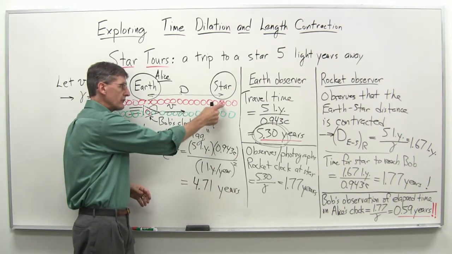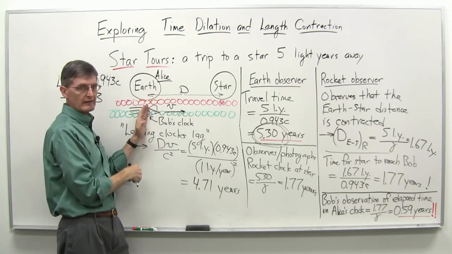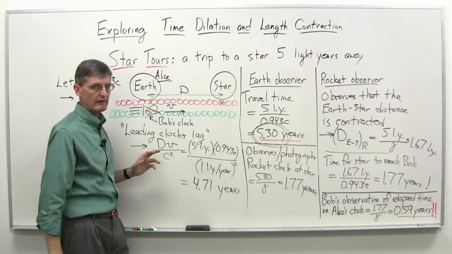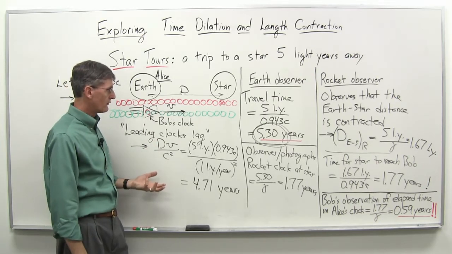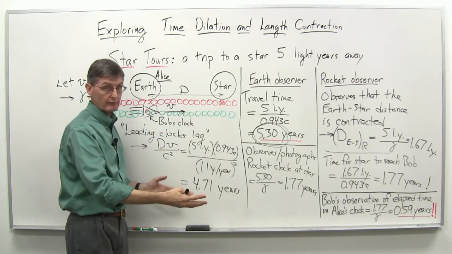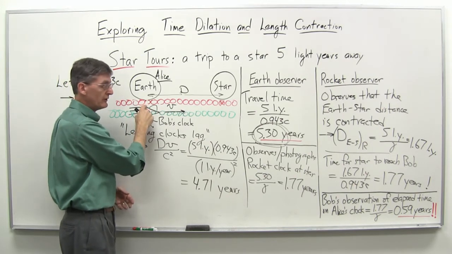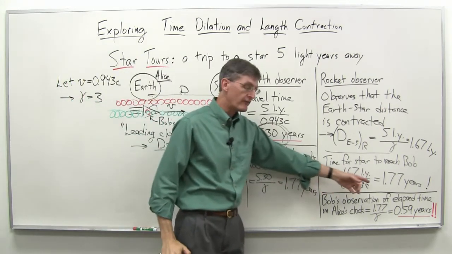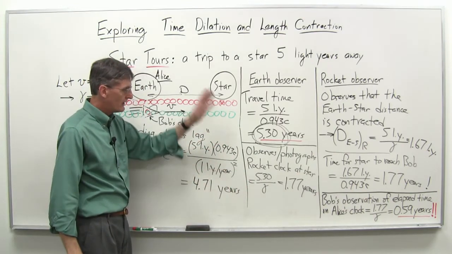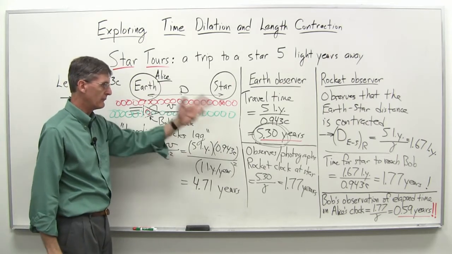But this clock back here at the star, when it starts off here and Earth is right next to Bob, is already 4.71 years ahead because of the leading clock's lag factor, the relativity of simultaneity. So it's reading 4.71 years right here, according to Bob's perspective, and then Bob watches it tick off as it gets closer and closer, and when it reaches here, it has ticked off an additional 0.59 years. 0.59 years plus the starting value of 4.71 years gives us the 5.3 years, and Bob says, yes, of course your clock says 5.3 years.